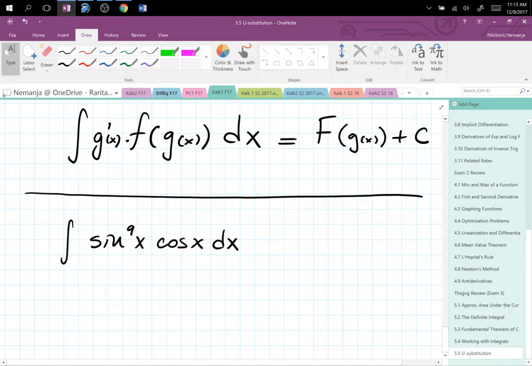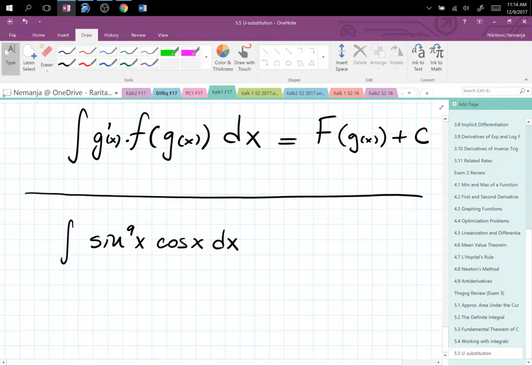Which function is the one that stays? How many functions do we see there? 3. Which is the function that doesn't have its derivative pair, therefore that is the function that will stay in the u sub integral? X to the 9. Do you see any x to the 8s anywhere? You don't.